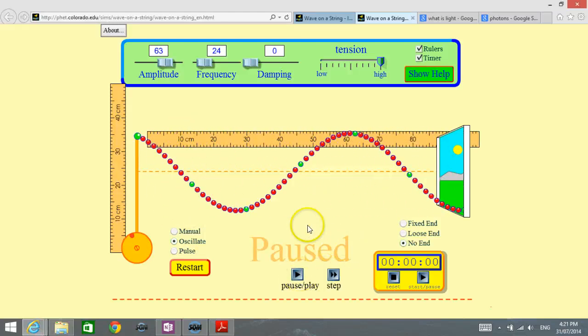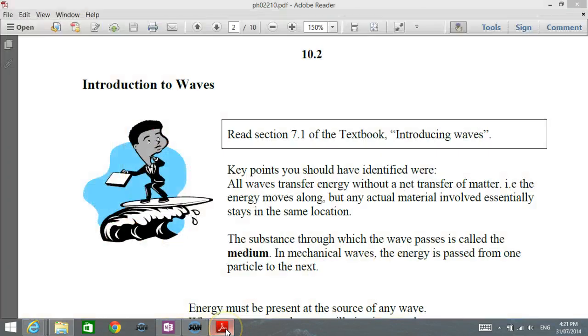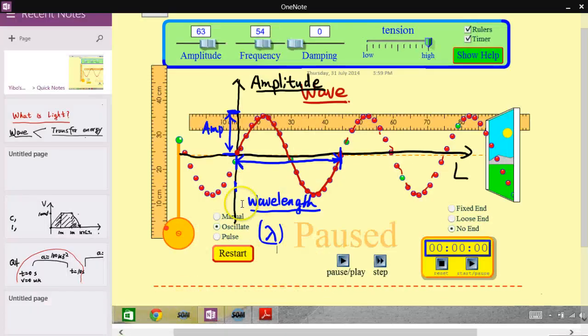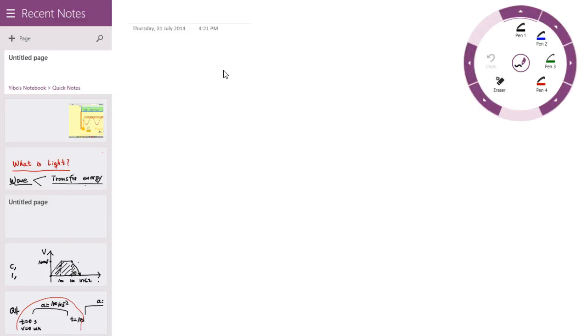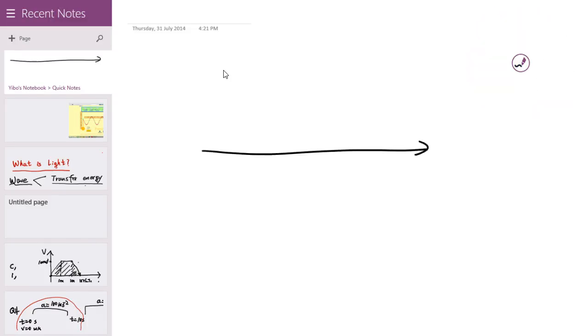So if I'm going to draw a graph of the amplitude of the wave, let me start like this.